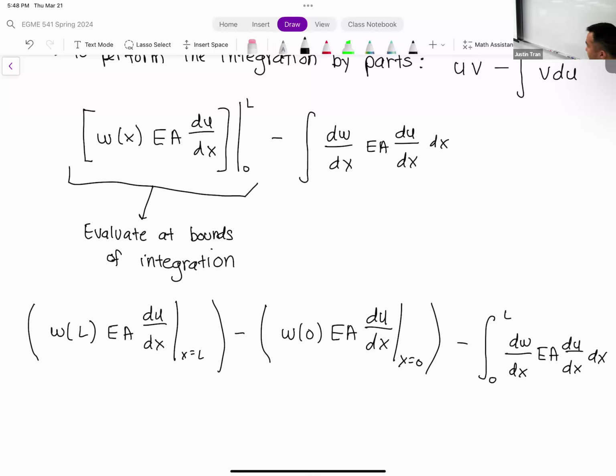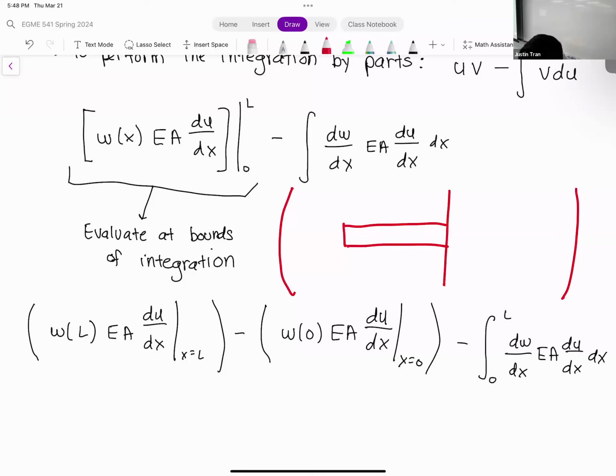At this point, let's remind ourselves what our geometry looks like. We have a rod like this, attached to a wall.